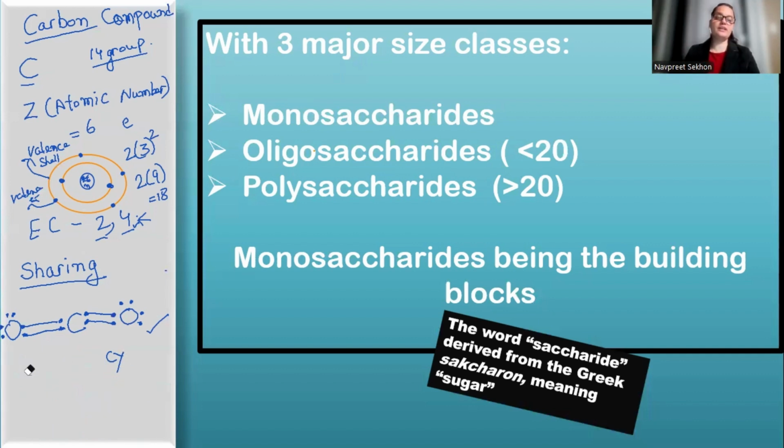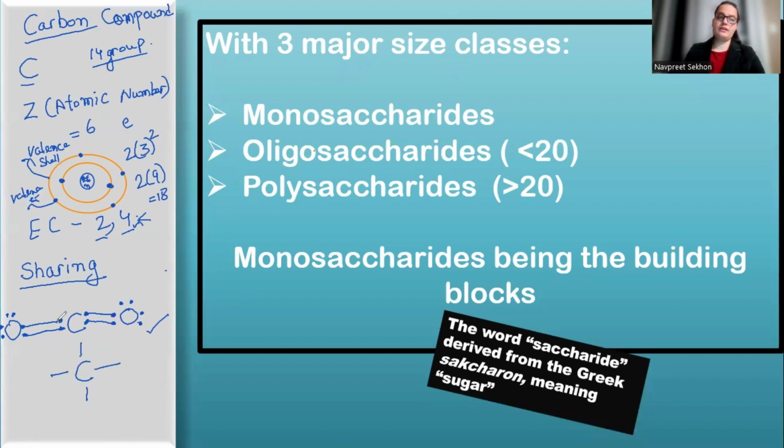Carbon is tetravalent, which means it shows tetravalency. As we go through the whole of biochemistry, you will see so many structures of the biomolecules, and you will always see that carbon is forming 4 bonds around itself.